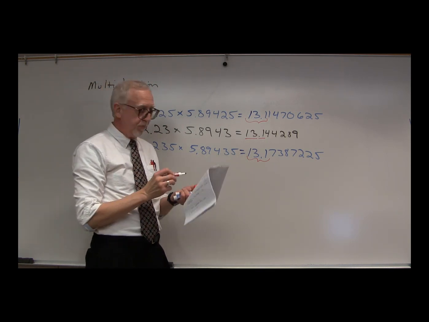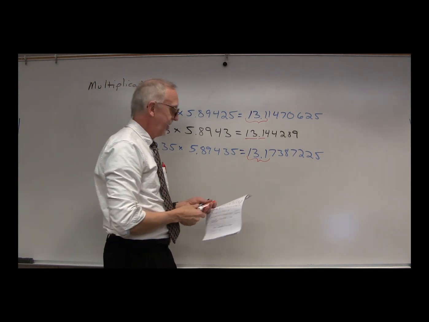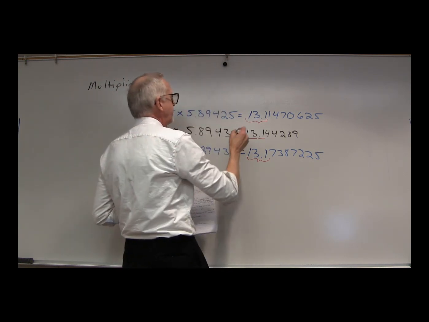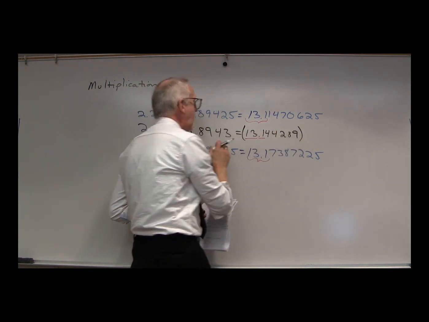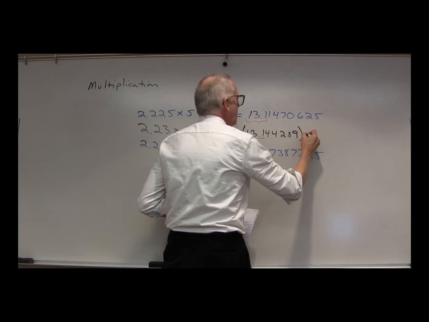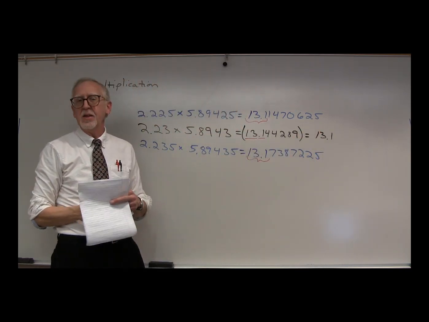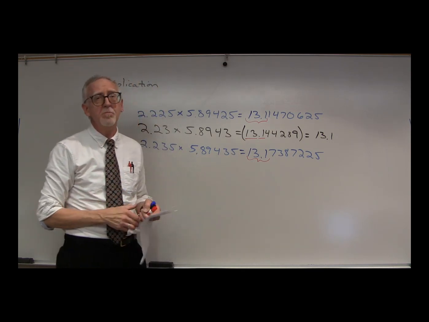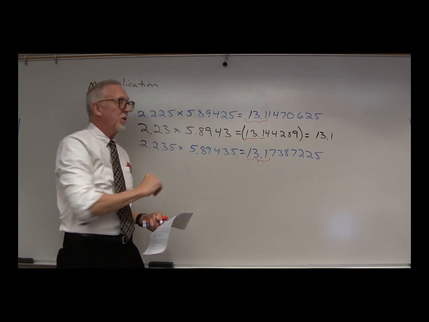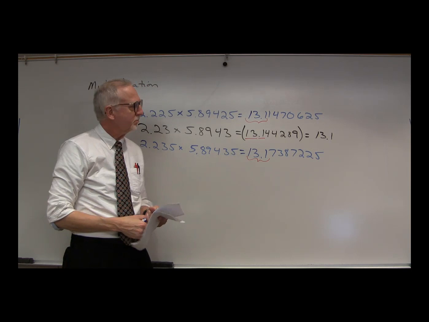No, we can't. The best that we can say is that the value, and I'll put this in parentheses here to emphasize that that's not really what we're going to say here, we will say the value is 13.1. That's really as precise as we can be with the uncertainty that we are assuming with these values.